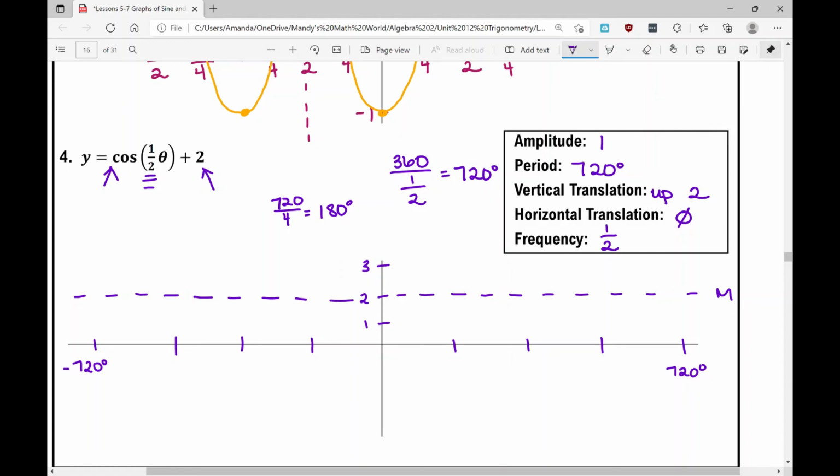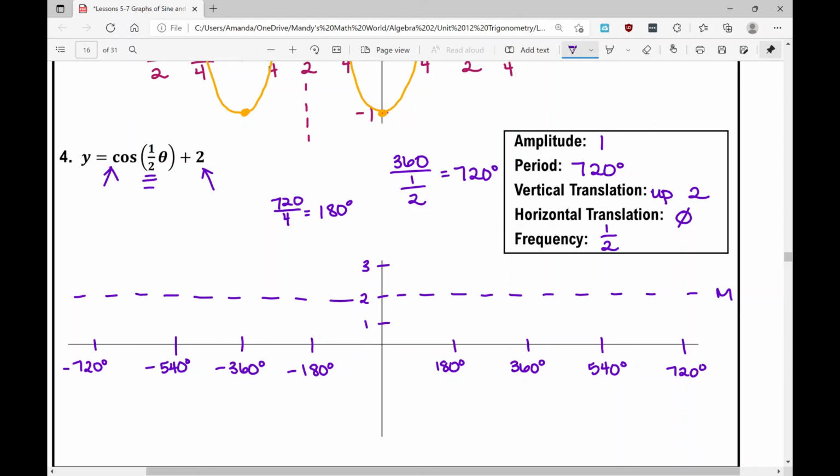I'm counting by 180 degrees. That's 180 degrees, that's 360 degrees, that's 540 degrees, and that's 720. And then we're going to go the other way: negative 180 degrees, negative 360 degrees, negative 540 degrees. So now we've got everything labeled here.